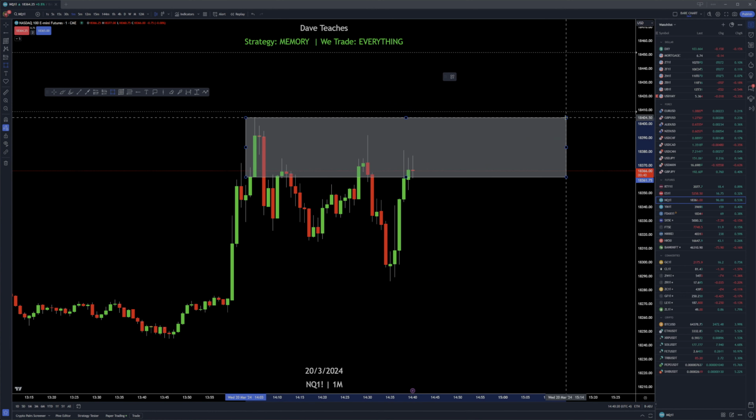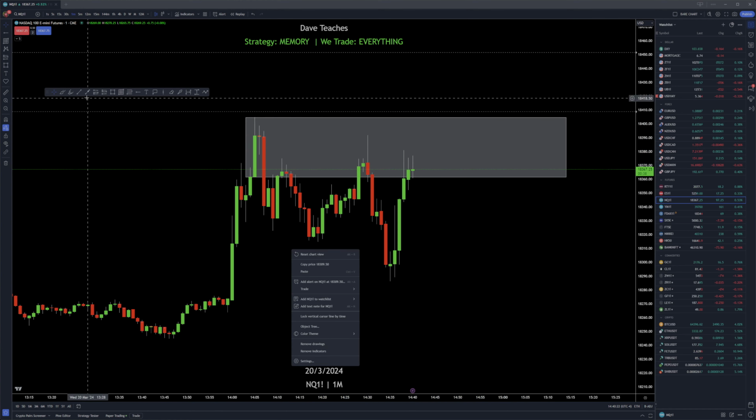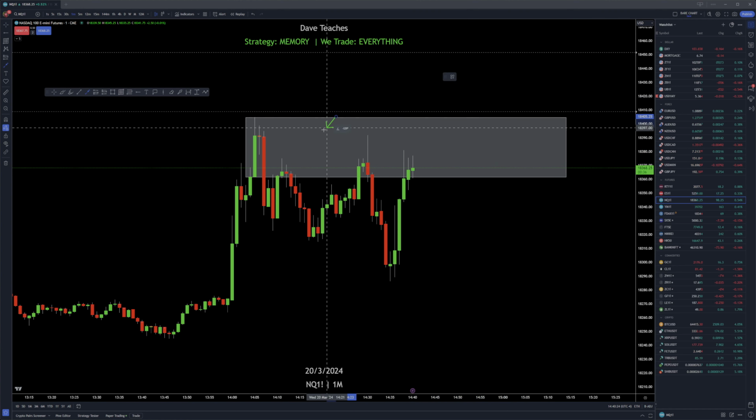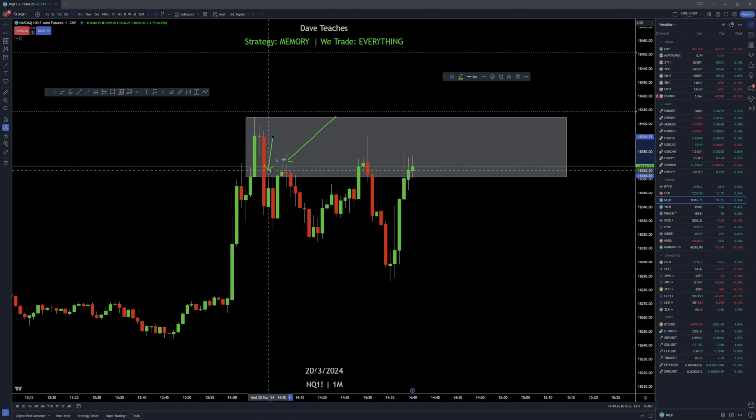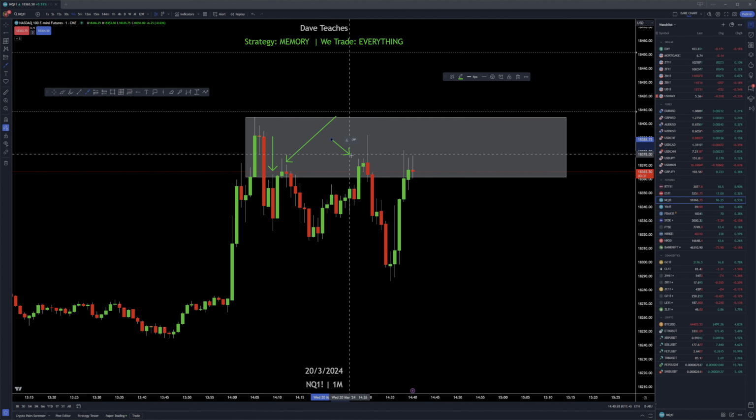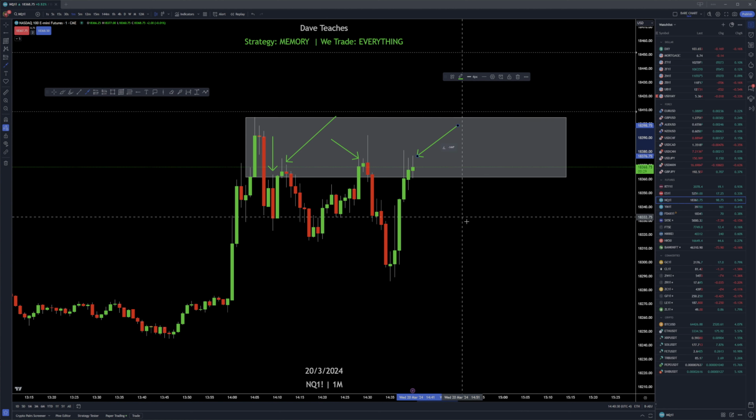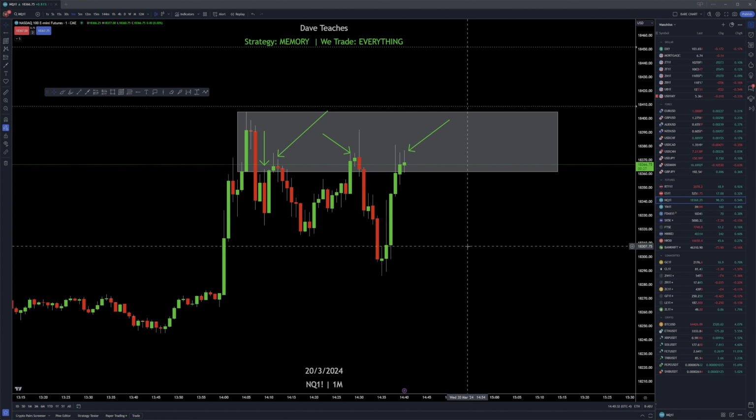You see that? And tap there. Had a tap there when it left too. Tap there. Look at the behavior when it comes back to it. These are things that we have to pay attention to.